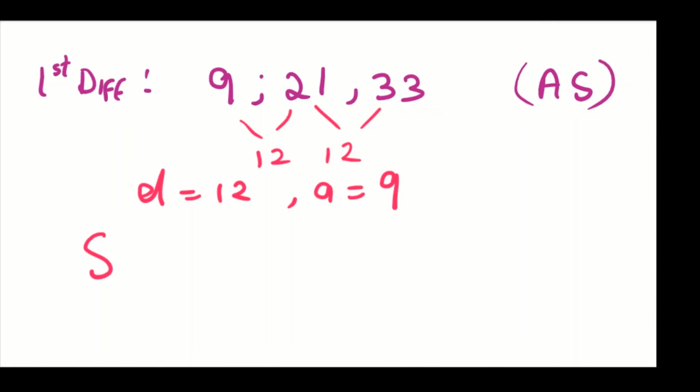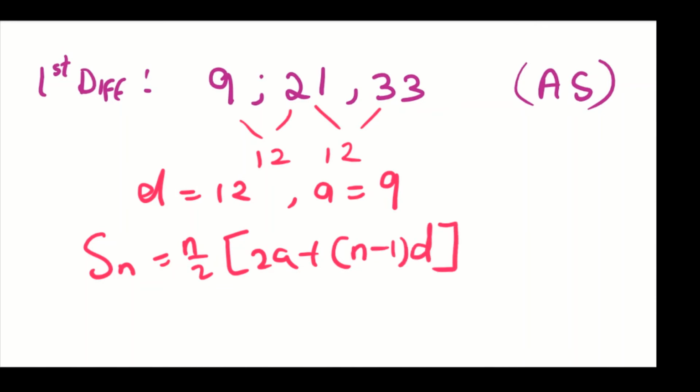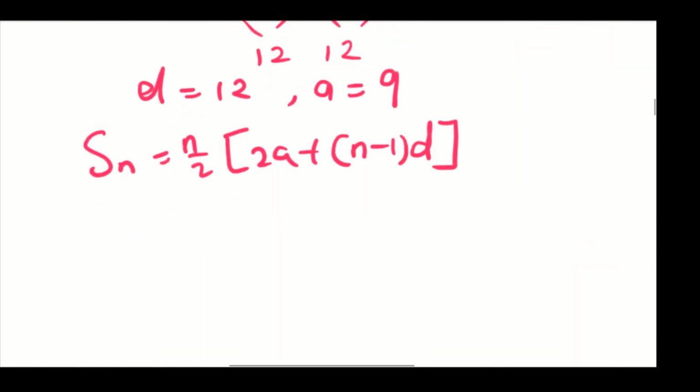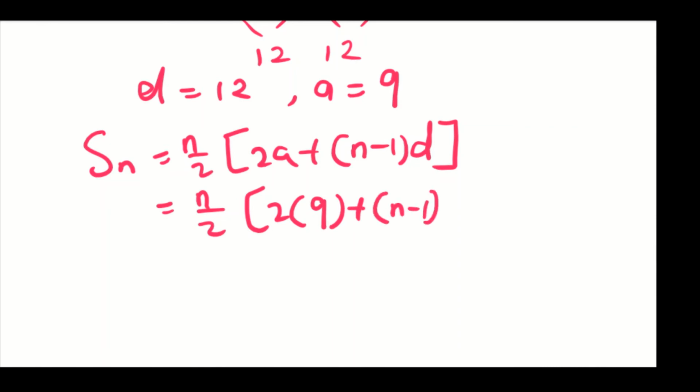So we can find the sum. The sum is n over 2 into 2a plus n minus 1 multiplied by d, right? So we're just going to substitute. It's going to be n over 2 into 2, our a value is 9, plus n minus 1, our d value is 12.